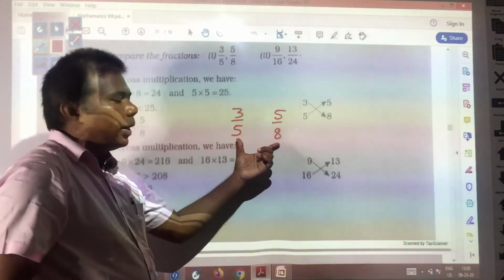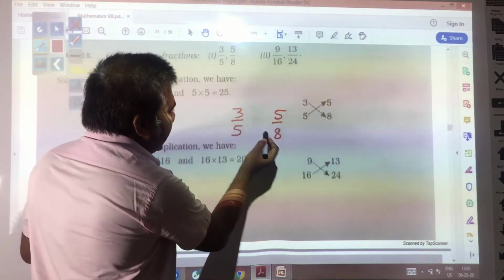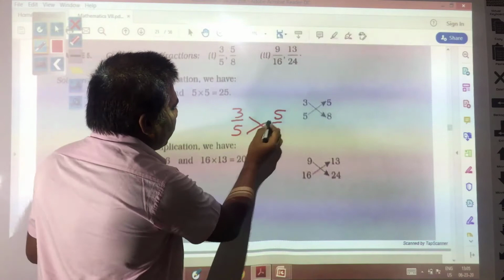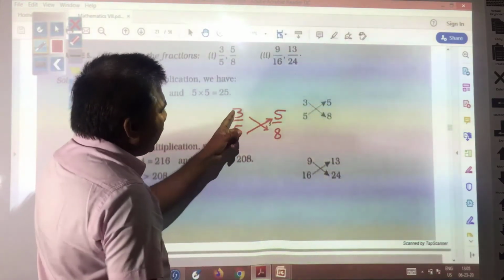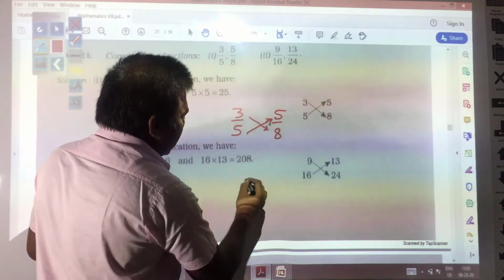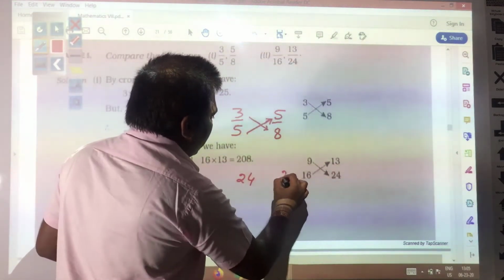You need to compare this. So, while comparing, you just find out AD by cross multiplying, and find out BC. So, AD, what you will get, 8 into 3, 3 into 8 is 24, and 5 into 5 is 25.